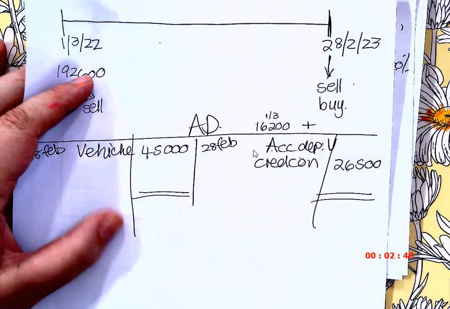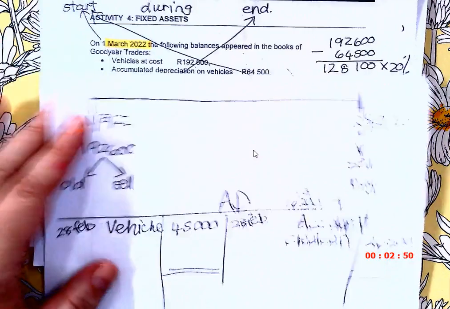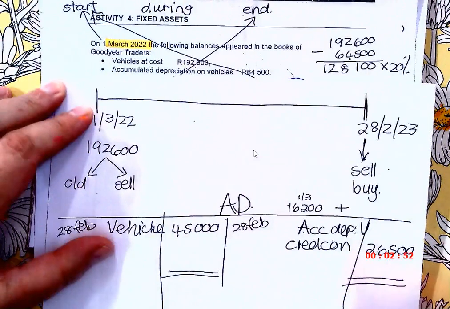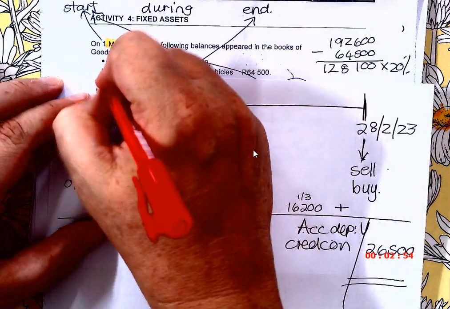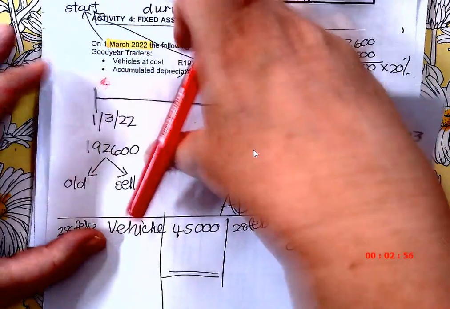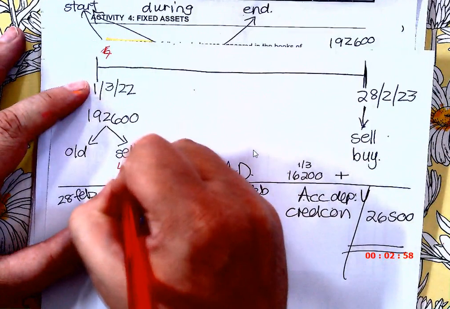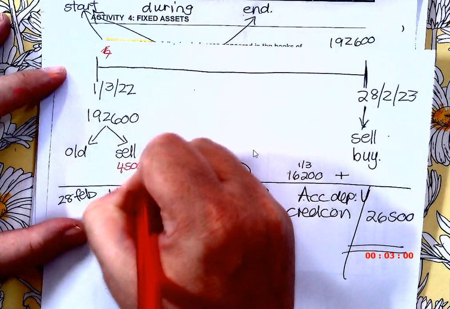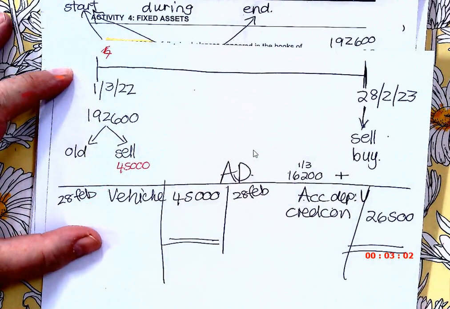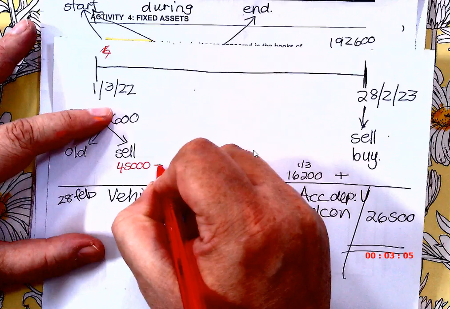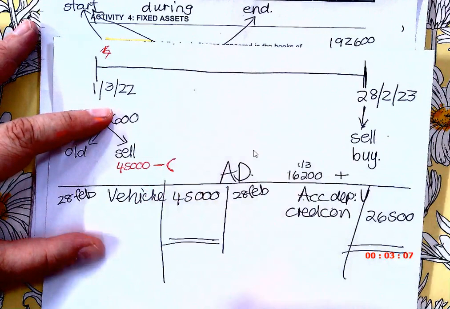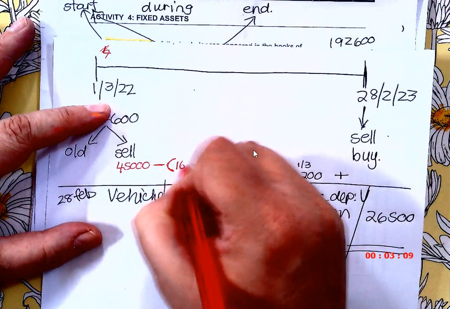Everybody with me? So now, if I go look at the 1st of March, they gave me this vehicle that I'm selling, the selling vehicle, is 45,000. Ne? Everybody with me? And the accumulated at this stage is 16,200.